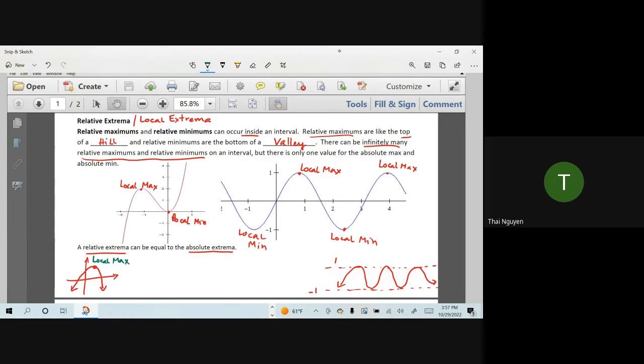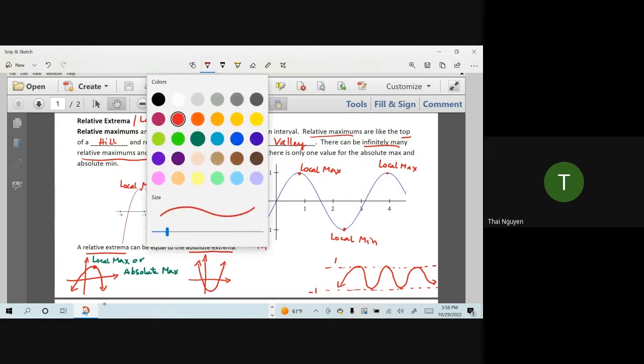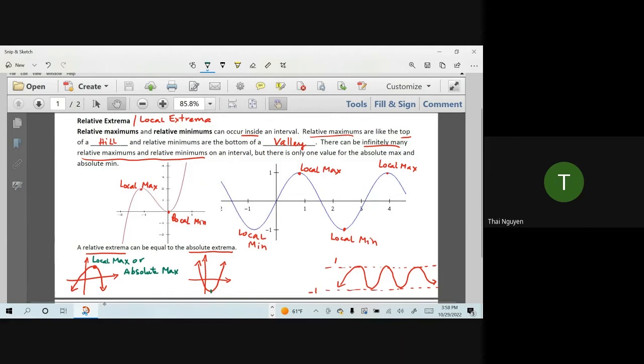Everything going down to negative infinity is no min nor max. Now, on the other hand, if you look at the quadratic that opens up, then you have a local min, and that's also the absolute min, and there is no local max nor absolute max.